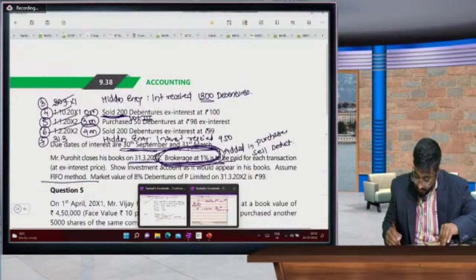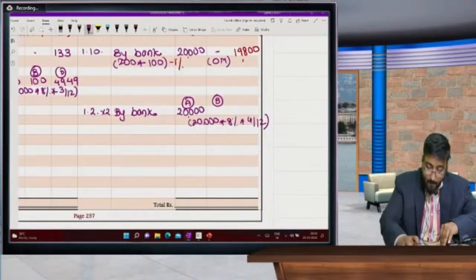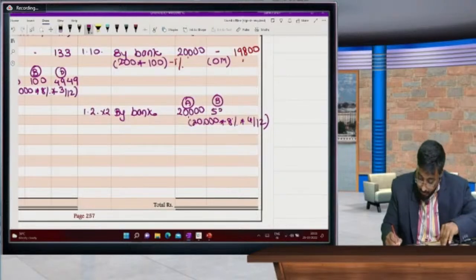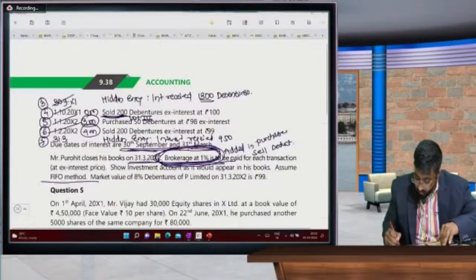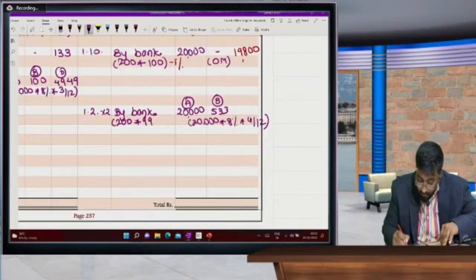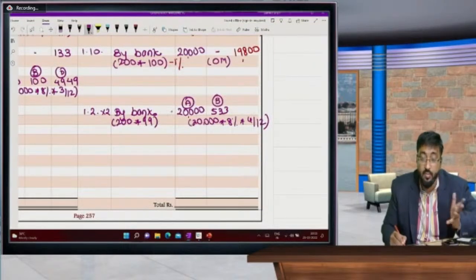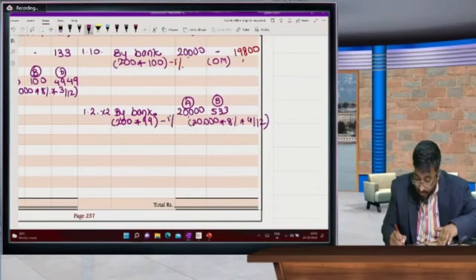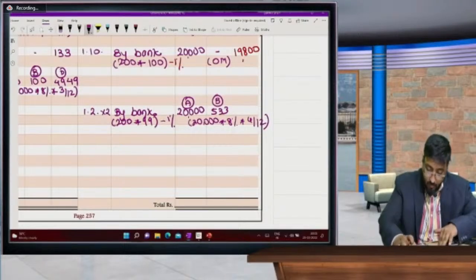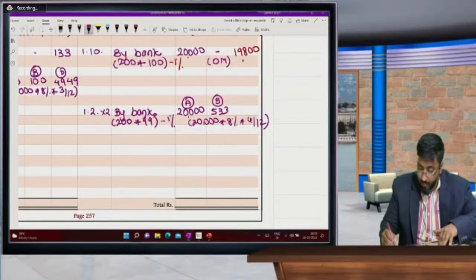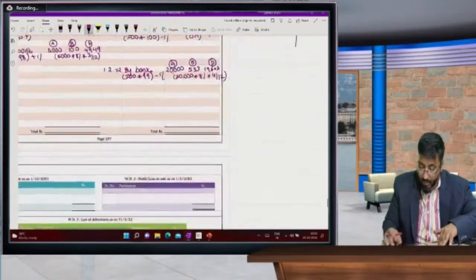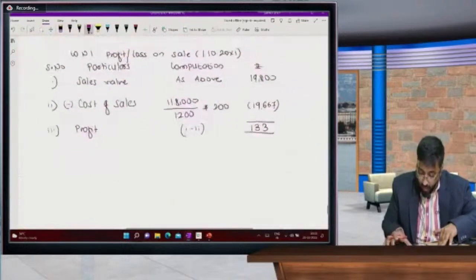Yes. 533. Inner side 200 into 99 plus 1%. Sale means minus 1%. 19,602. And next one, working note 2.